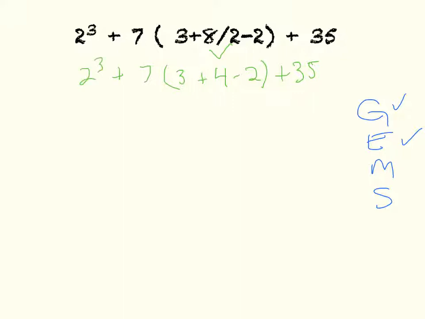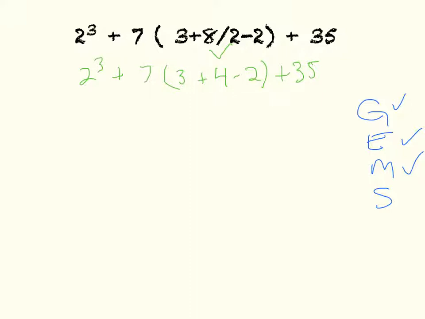So now that I've done that step, I still have stuff inside the parentheses. Now I look, is there any more multiplication or division? In this case, inside the parentheses, there's no multiplication or division left. So I can now check off my multiplication and division.